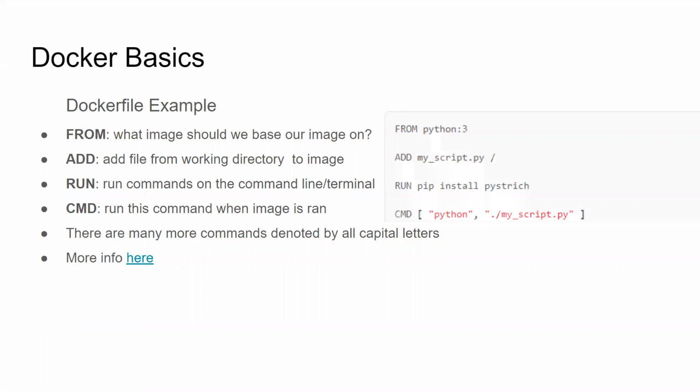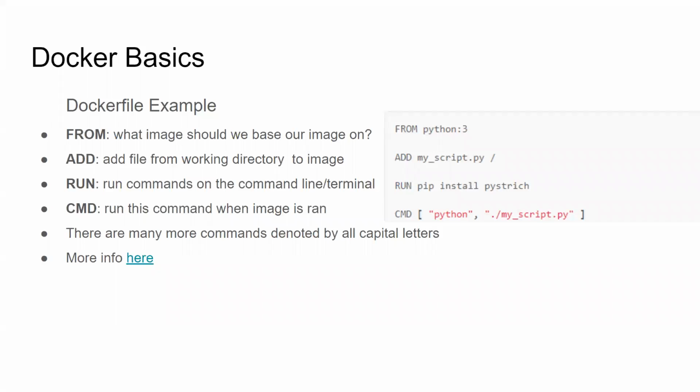And then we have RUN, which lets you run commands on the command line or terminal inside your image. Usually this is for when you need to make directories or install stuff, that type of thing. And then CMD, this lets you set up the command that is used when the image is run, or when you start or stop a container.